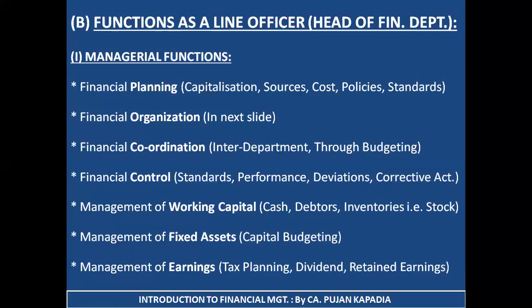And third is speculative motive, that is sometimes you feel that there is an opportunity in the market, so if you have ample cash in your hand, you can easily encash that opportunity. So the finance manager tries to maintain an adequate amount of cash to serve these three purposes: transaction motive, precautionary motive, and speculative motive.